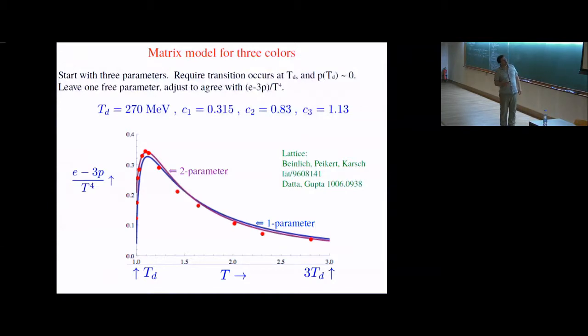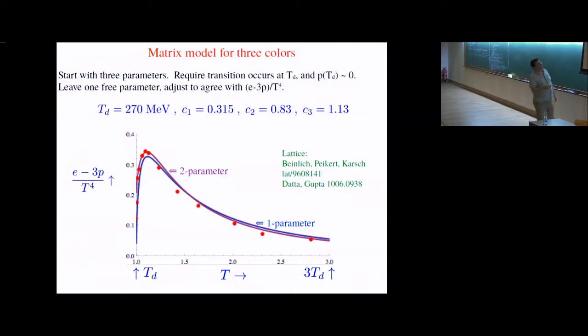It looks like we have three parameters. In fact, we assume that the pressure is 0 at Tc and that the transition happens at this temperature Td. So we're left with only two parameters, and we can obtain a reasonably good fit to the lattice results. We could have done better, of course, by adding more parameters, but we were trying to find a model with as small a number of parameters as possible.